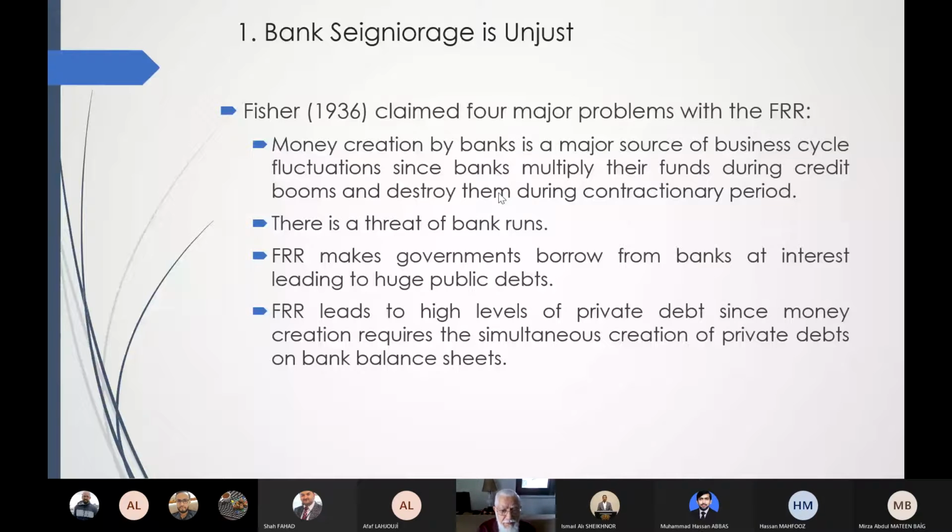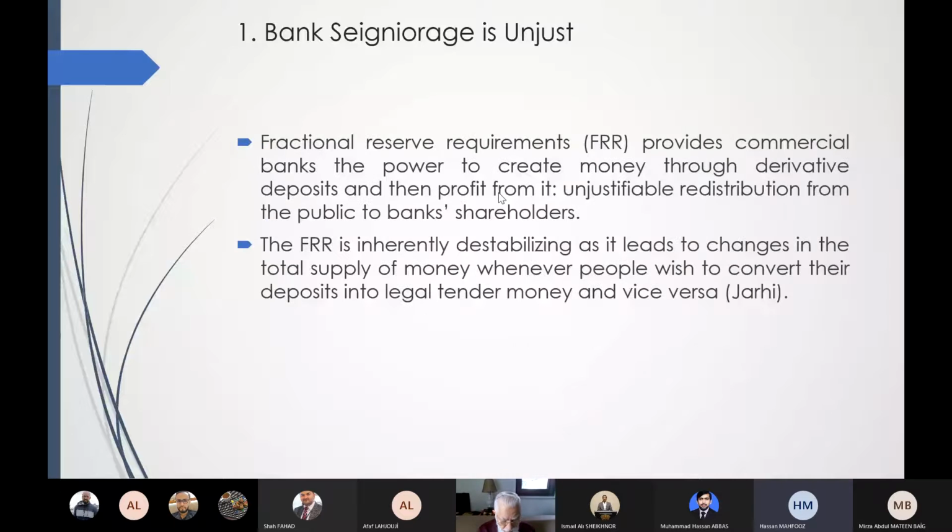Yes. One of the criticisms of Islamic banking is that it is also operating under the same system of fractional reserve banking, and Islamic banks have the power to create money through demand deposits, and this leads to derived demand deposits.